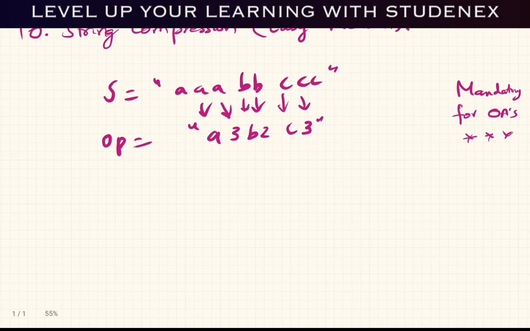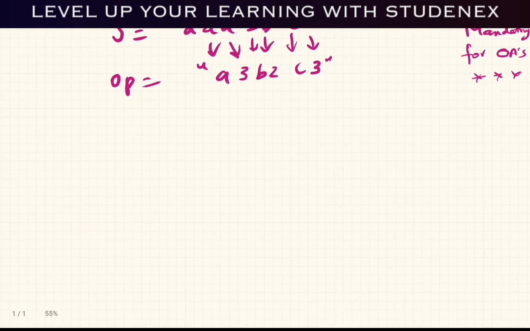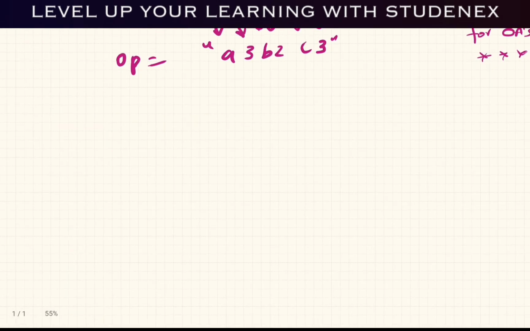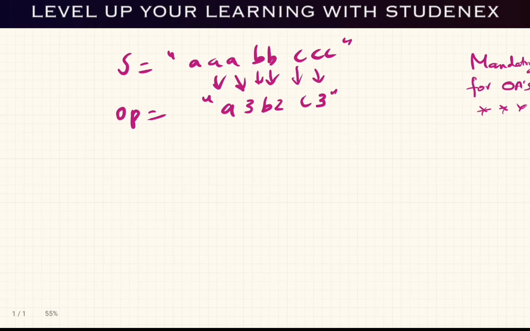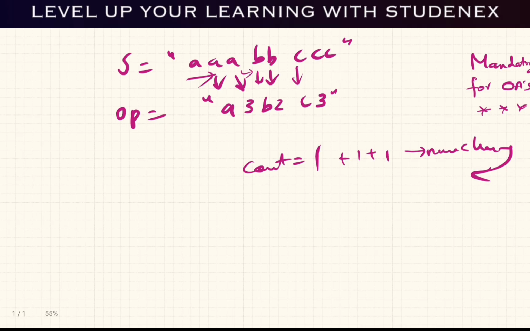So for this question, I'll be passing through the whole string, and I'm gonna start the count from 1 and just increment. If I get a new character, I'll bring that count value to 1 again.